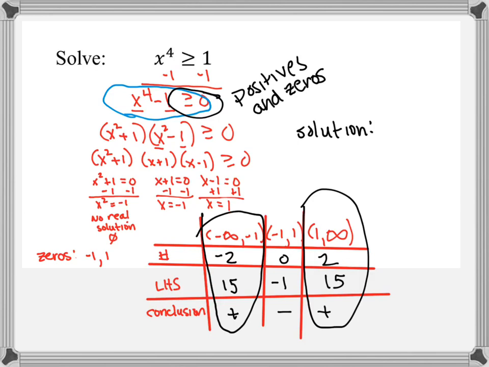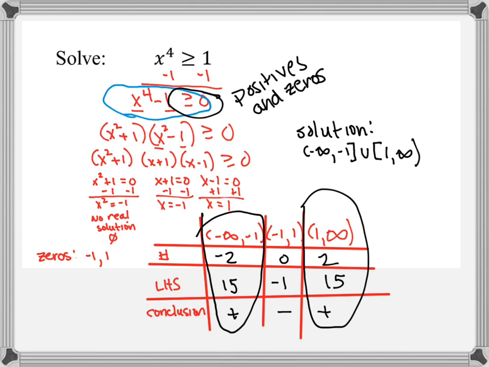My solution will be negative infinity to -1, but here I am including the -1. So instead of a curved parenthesis, I will put a squared off bracket. Union. Now I want the third interval, and I'm also including that +1, so squared off bracket, 1 to infinity.